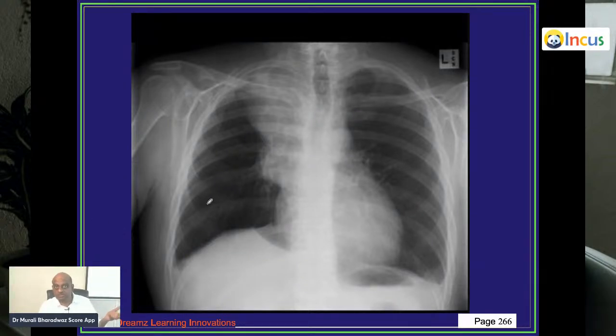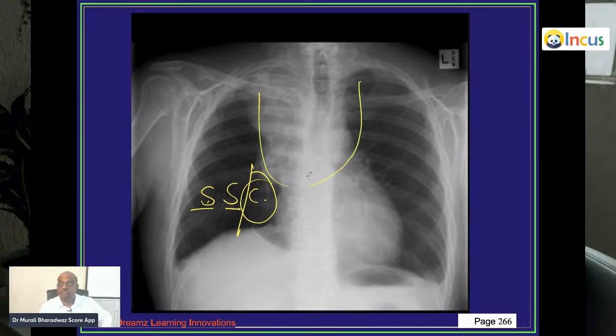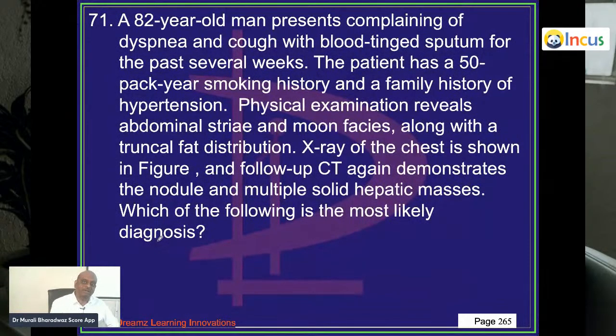What is the importance of that? Small cell carcinoma and squamous cell carcinoma are both central lesions. Adenocarcinoma is a peripheral lesion. So it is a small cell carcinoma.